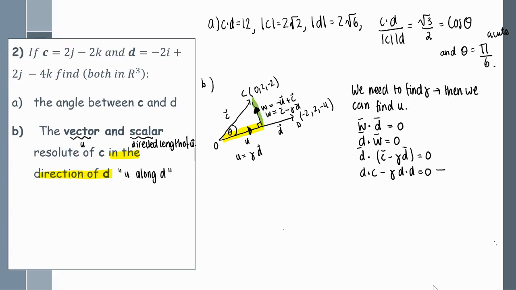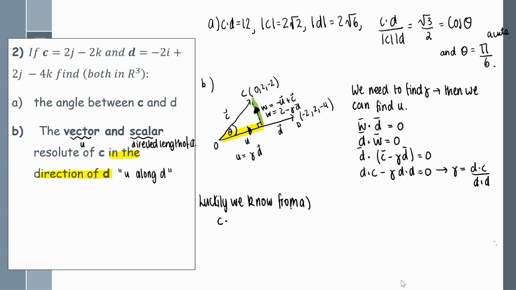Then we rearrange like normal, and we'll get that gamma is equal to D dot C over D dot D, where we know D dot D is just the length of D squared. Now we have everything we need to find gamma.